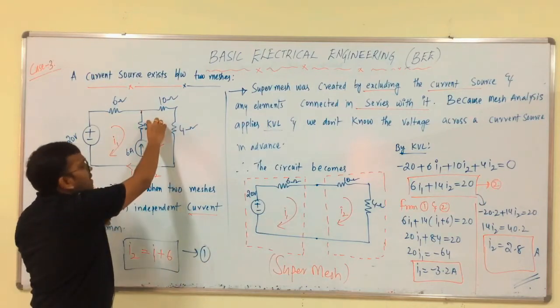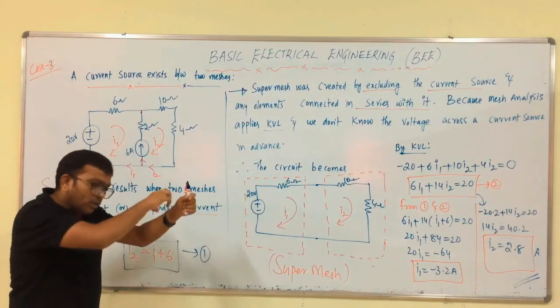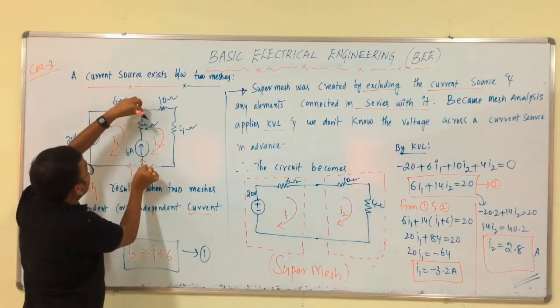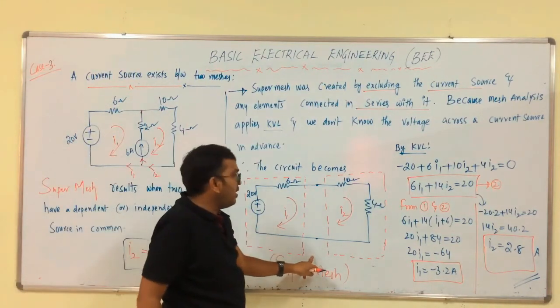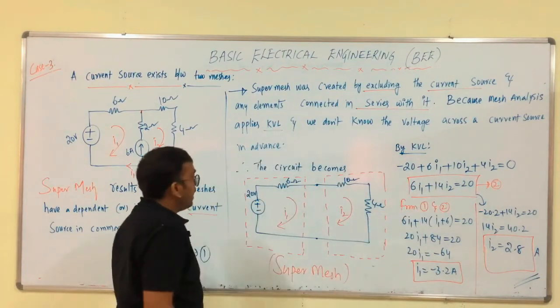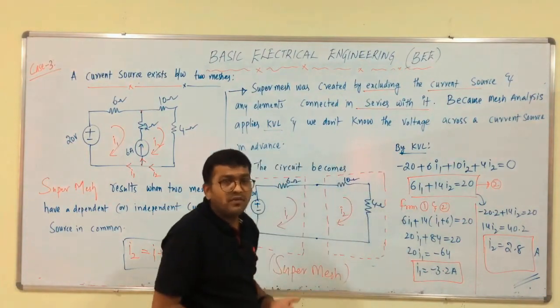If we have n branches in series with that current source, we have to remove all of them. Simple. From here to here we remove and apply simple KVL, and we get the second loop equation. Substitute this equation into the first, and we will get I1 and I2. This is about the concept of super mesh.